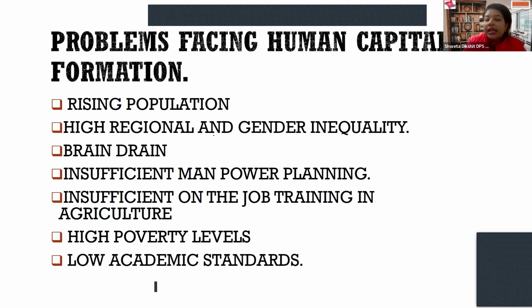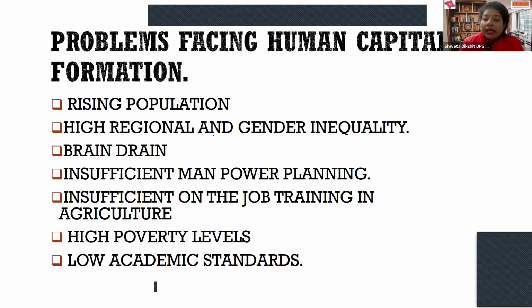Second, high regional and gender inequality. We know very well that India is huge, with multiple states in different directions. They all have their own cultural aspects to live. Therefore, the growth of these regions is also different. If you compare Kerala to Bihar in education or literacy, you will find that Kerala has 99.9% literacy, whereas Bihar is much more backward, having the lowest literacy rate in the region.